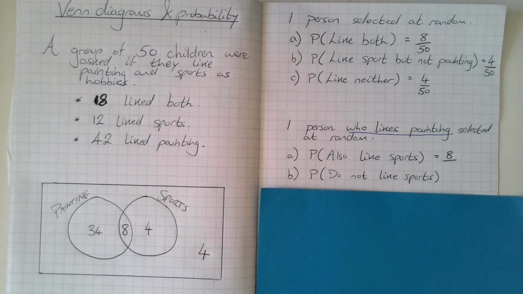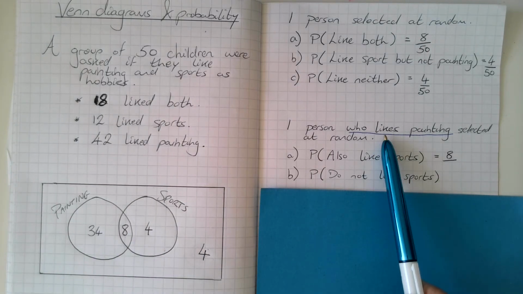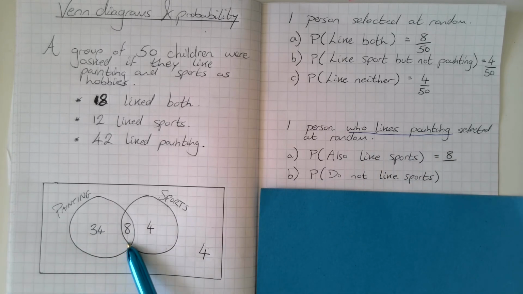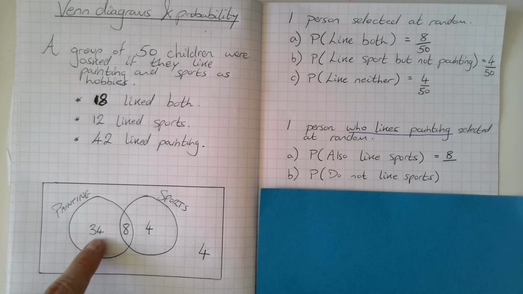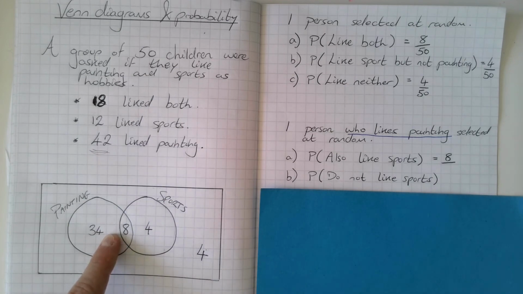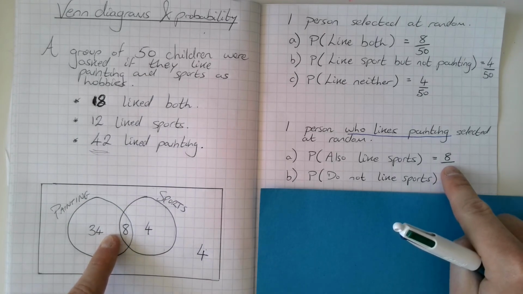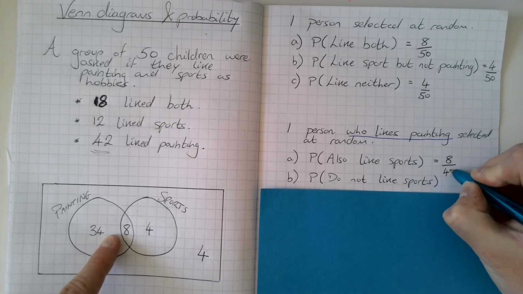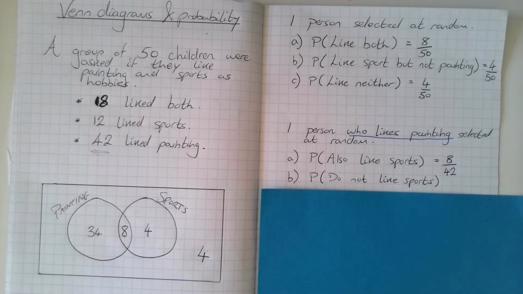I only chose from the people that I know like painting, which is this circle. And in this circle, I have 42 people. It's either here or it's also given in the question as well. So instead of it being out of 50 this time, the probability would be out of 42, the number of people that like painting.